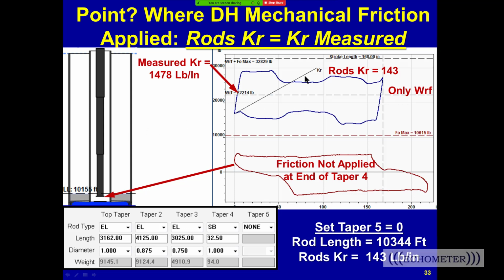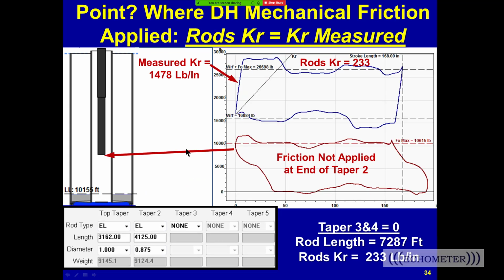And every time we take off some rods, this pump card is going to change shape and move up toward the surface card, and it's going to change shape because we're going to take away the calculations from the wave equation through the rods that we're removing. So now this pump card represents the load that's applied right there. If all the load was applied right there to create this surface dynamometer card. So now we're going to take away some more, which is this 3/4 rods and the 1 inch rod.